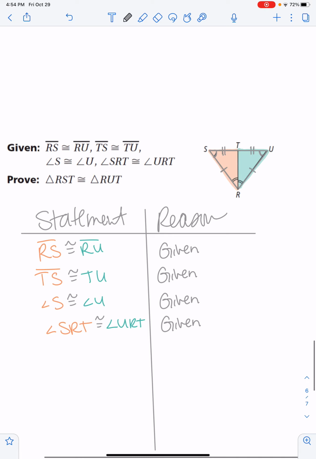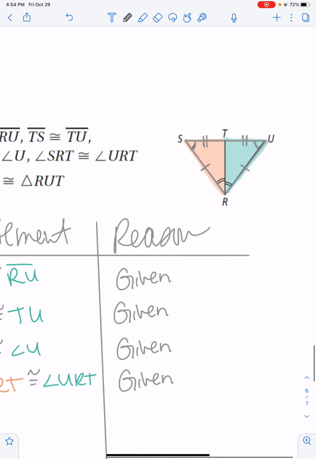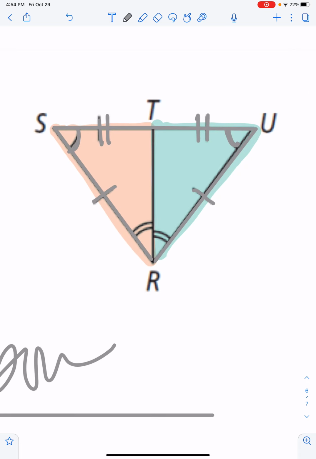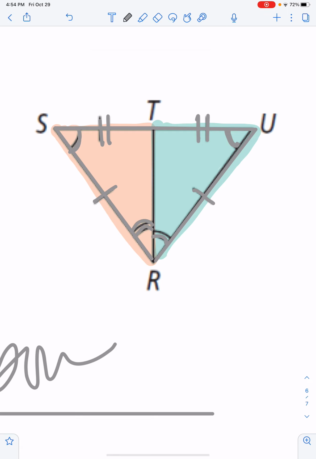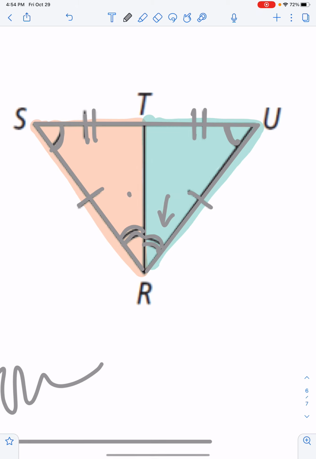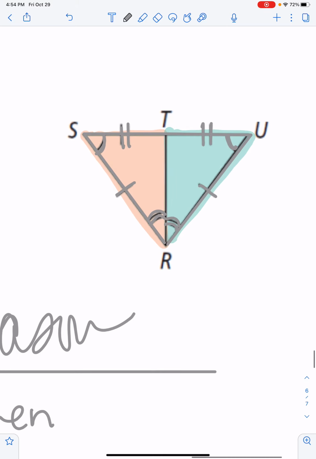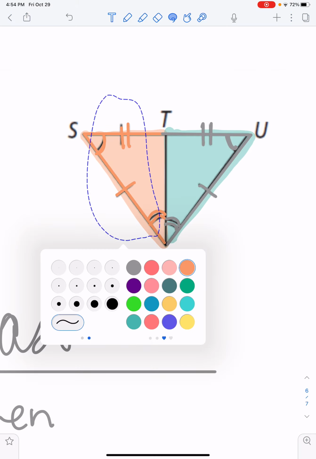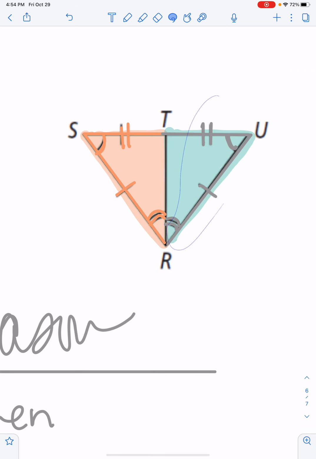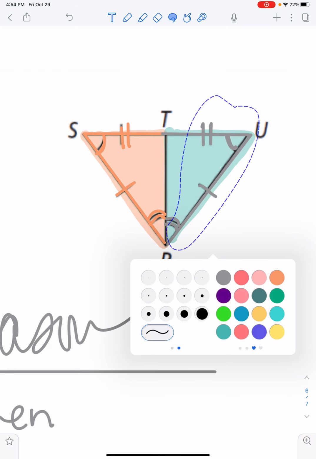And then they also said SRT and URT. The reason they didn't just say R is because there's 2 different parts of R, this part and this part. So this one is URT and this one is SRT, saying what it connects. So these are all our orange ones, and these are all our turquoise ones.